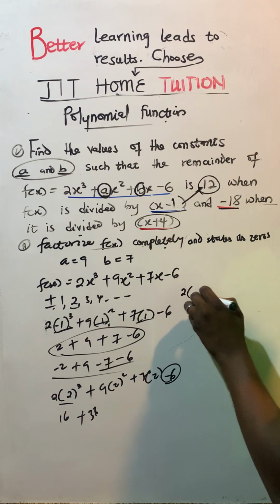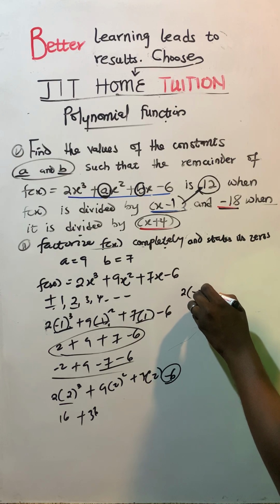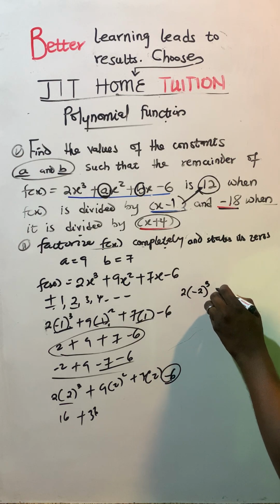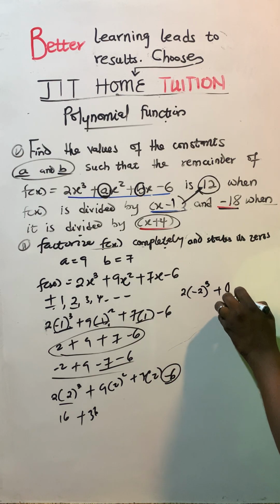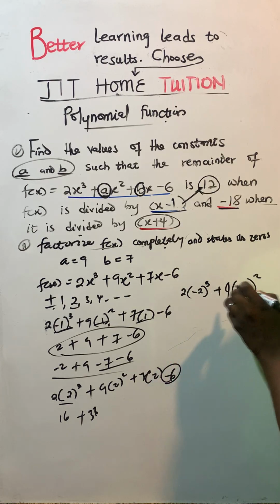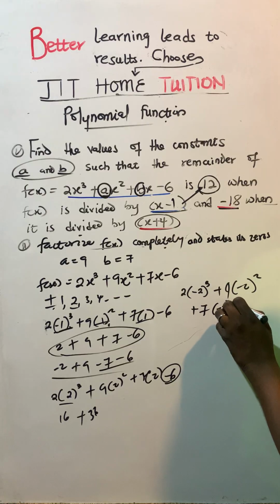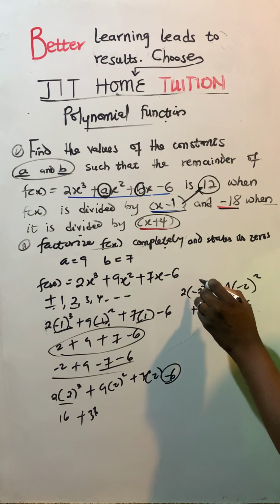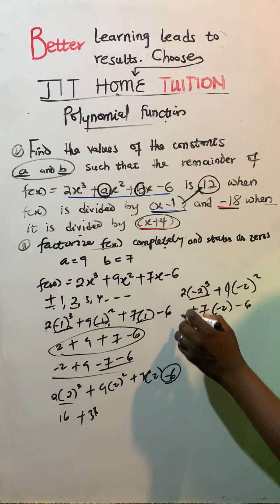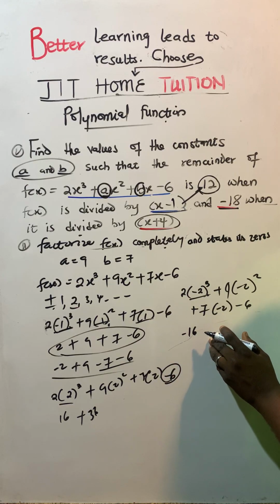So that will be 2 here, and -2 cubed, then you have 9, -2 squared, then plus 7, you have -2 minus 6. So here will be -8 times this, and that will be -16.